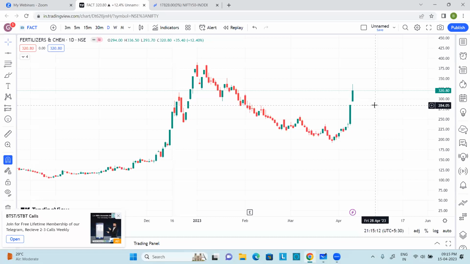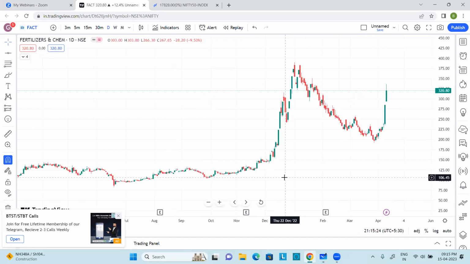No, this is not a breakaway, sir. Who said Fact script? BS Shankar. This is not a breakaway.